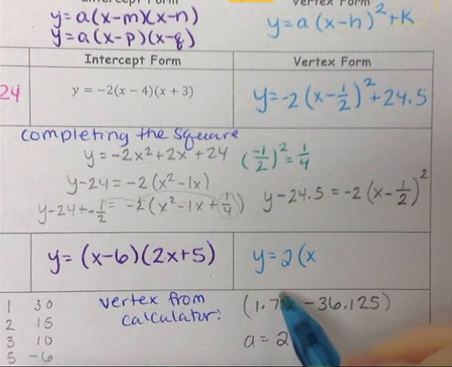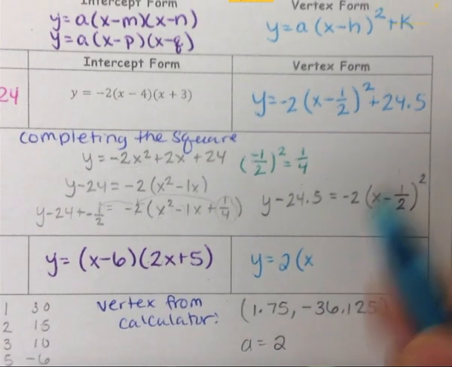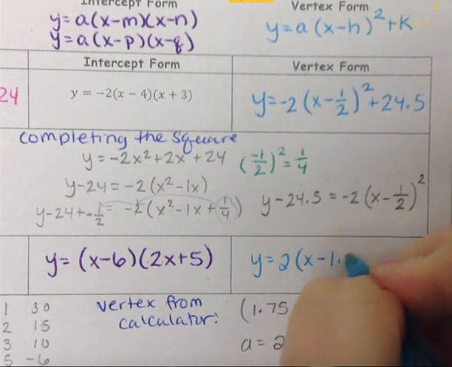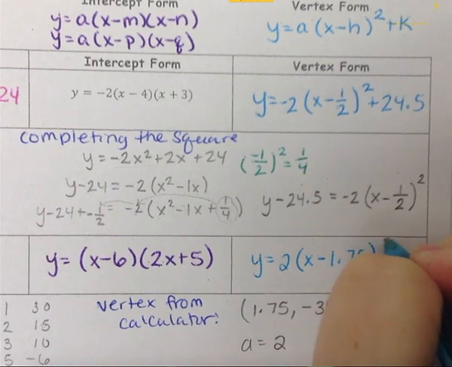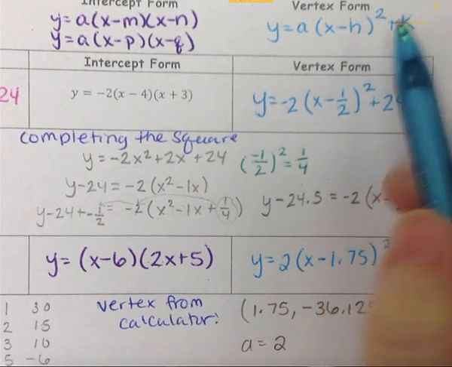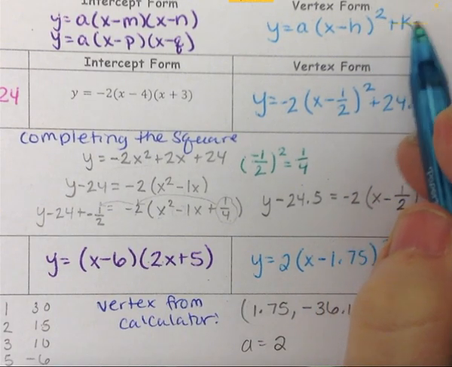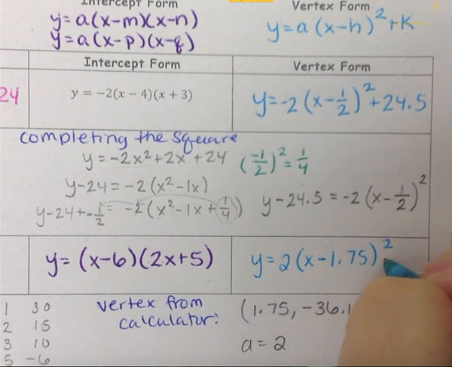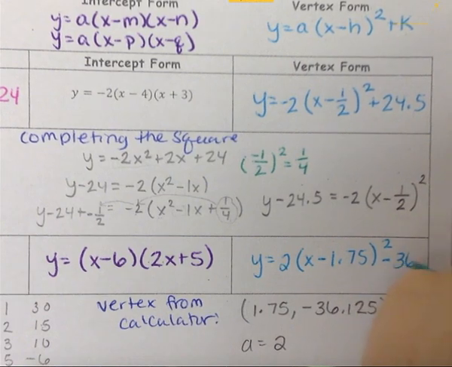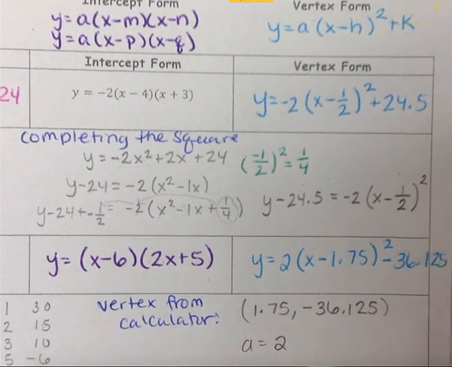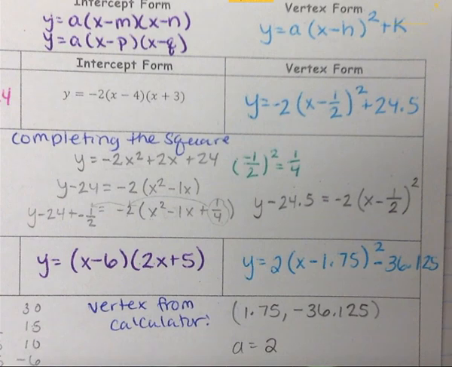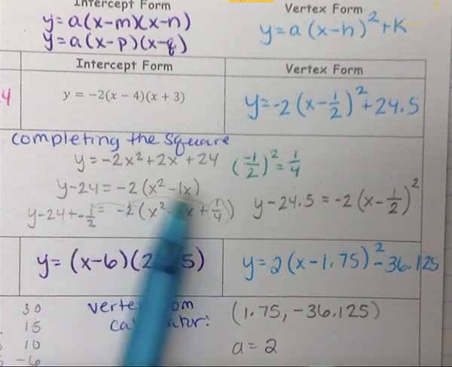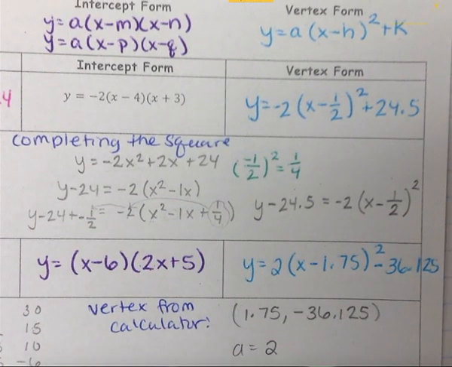Then we have to change, if you remember, the h, so our 1.75 is our h. We're going to put it in here as a minus 1.75, parentheses, squared, because I'm following it from vertex form. And we're going to keep whatever the sign is for our y. So our y is negative 36.125, so minus 36.125. This is vertex form. A little bit easier than having to do all of this to get our vertex.